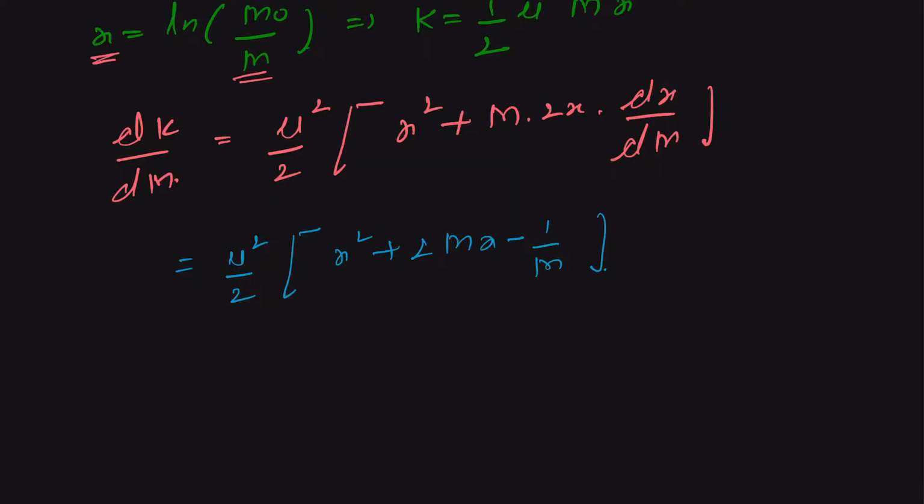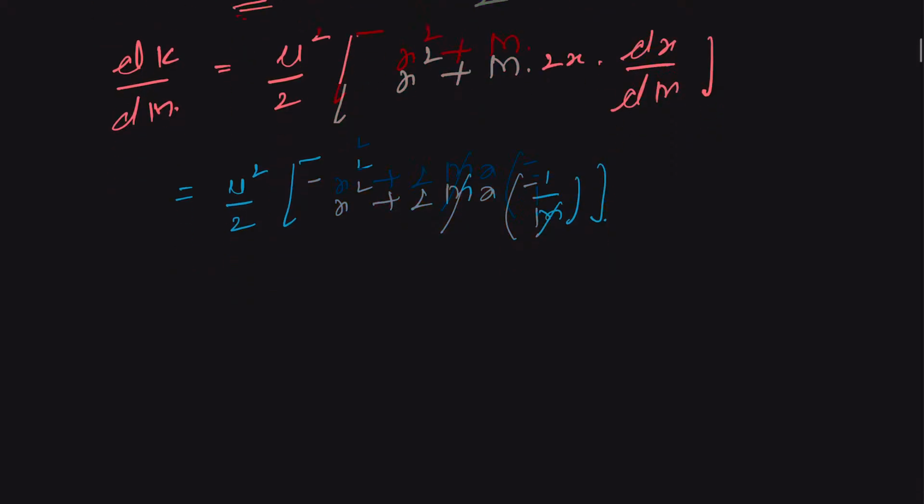One second, something is missing. Two x square, 2 m x. Oh, sorry, it's a multiple. My mistake. It's a multiple, and this m and m cancel out, and this is minus.